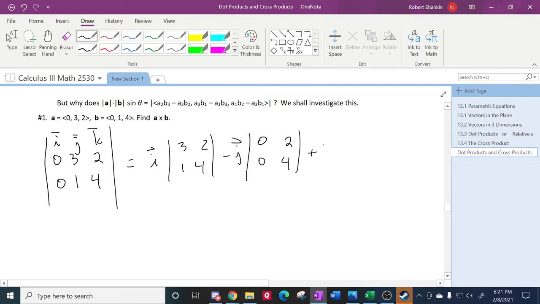Same thing's going to happen with K. So all you're going to get is 12 minus 2, 10 I.